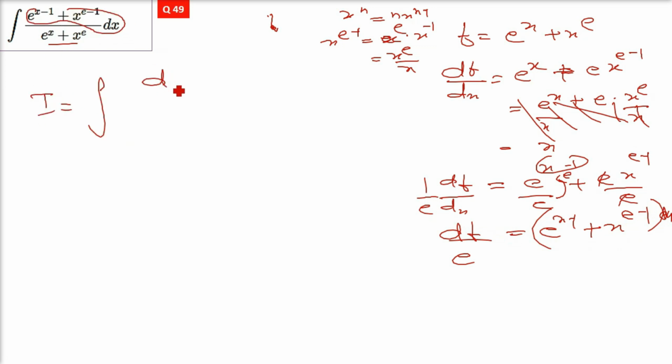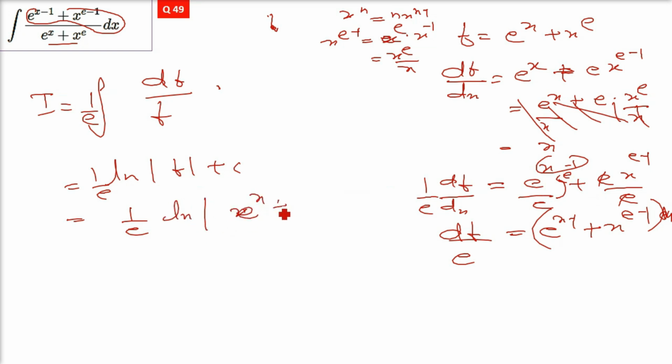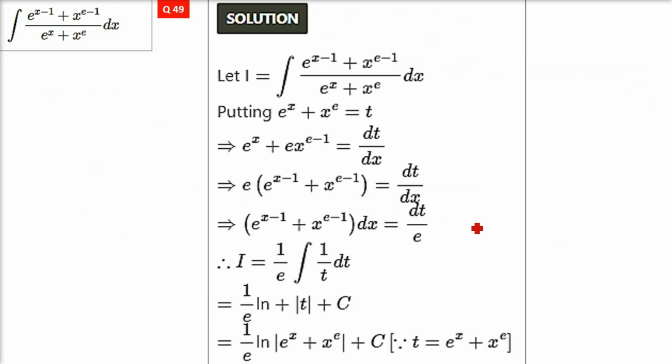You can take 1 by e outside, and t is in the denominator. When you integrate it, it will be 1 by e ln modulus of t plus constant of integration. t was taken as e raise x plus x raise e. So 1 by e ln modulus of e raise x plus x raise e plus constant of integration is your final solution. So this is the solution I'm talking about.